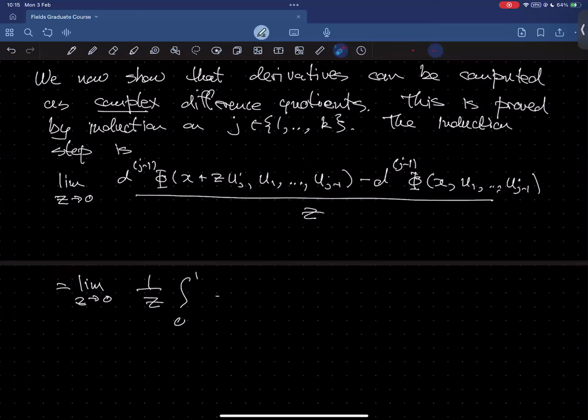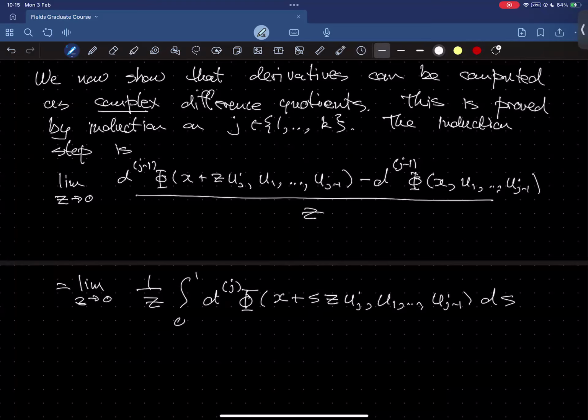So now I'm going to write dj, this is the mean value theorem, of x plus s z u j, let me call it s just not to confuse it with the t from above, applied to u1 up to u j minus 1, ds.